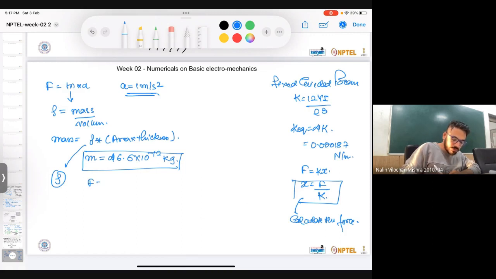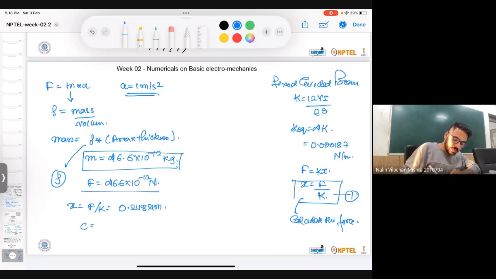The force will be 46.6 into 10 power minus 12 Newton. So we will put this value in this formula in equation 1. The x will be force by k, and it is coming out to be 0.248 micrometer.